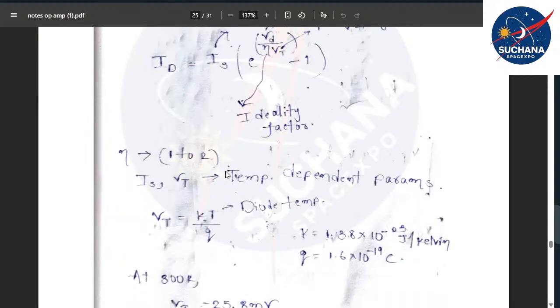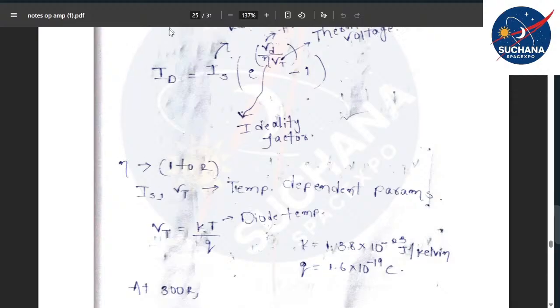Now, if you check this particular equation, ID is equal to IS into e to the power of VD by neta into VT, where IS is the reverse saturation current. Here there are two parameters which depend on the temperature. What are those two parameters? The first parameter is IS, the reverse saturation current.